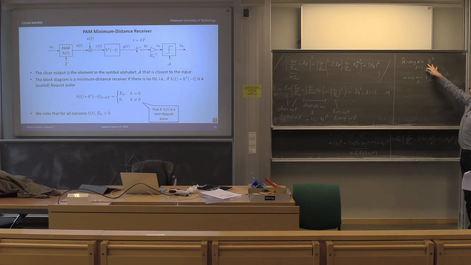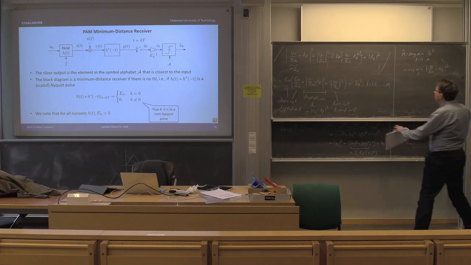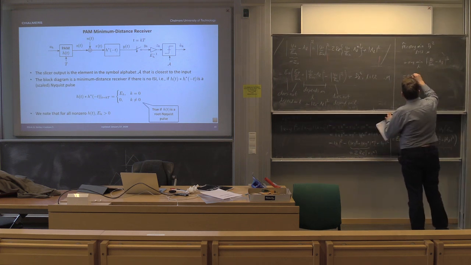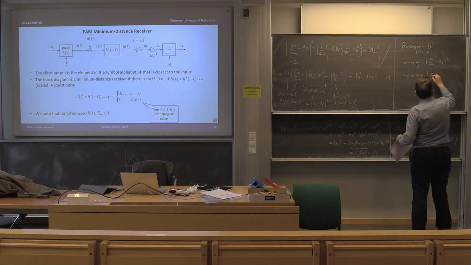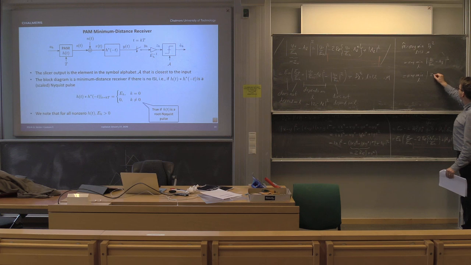So instead of computing the full distance, let's compute the part of the distance expression that matters, the one that differs for different L's. And this we can write in terms of the input to the slicer, the z variable. Okay, like this.